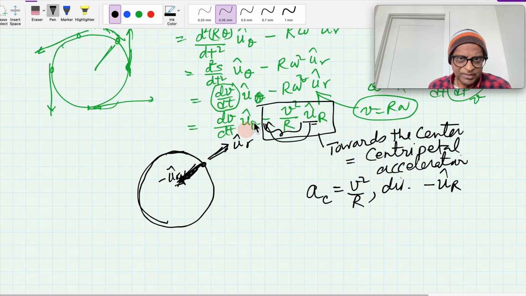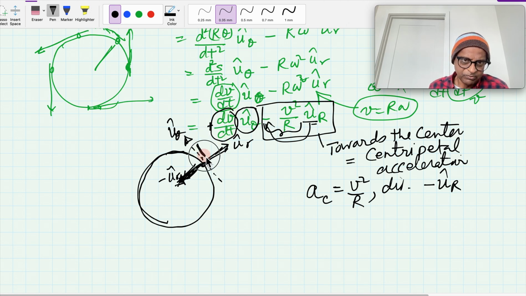Now this guy, the tangential direction, is u hat theta. So theta is positive here, and if velocity is increasing, if it's speeding up, then this part will be there. This is tangential, so it's called tangential acceleration.